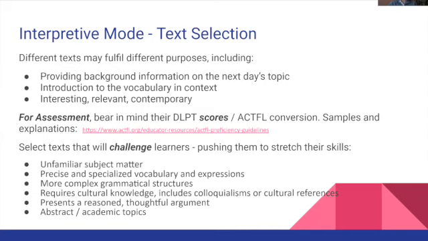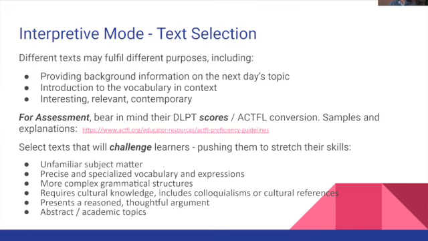So more challenging texts for advanced learners include things that have unfamiliar subject matter. So it might be just something that they're unlikely to have read about or heard about before. Also, it might have precise and specialized vocabulary and expressions, so just words that are only used in particular contexts or that are highly technical, or just not as common.